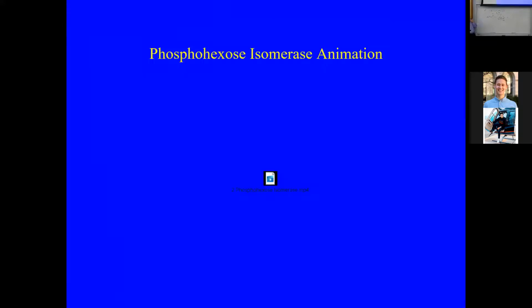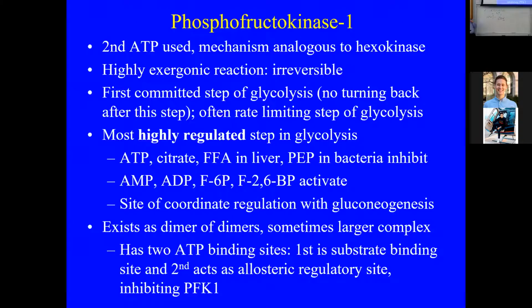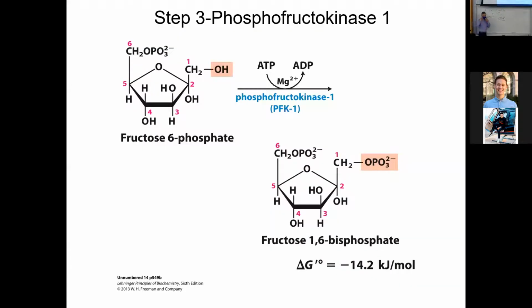Step 3 is another kinase reaction in which we add now a second phosphate. So this uses a copy of ATP as the source of the phosphate. This too is irreversible, and this is considered to be the first committed step of glycolysis.